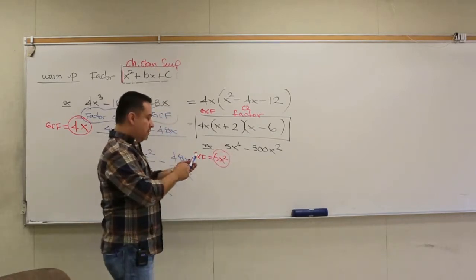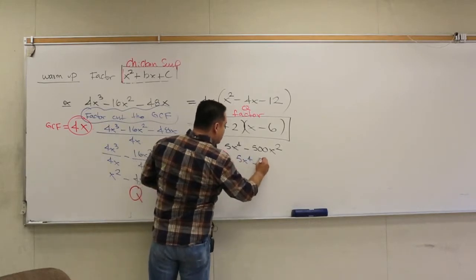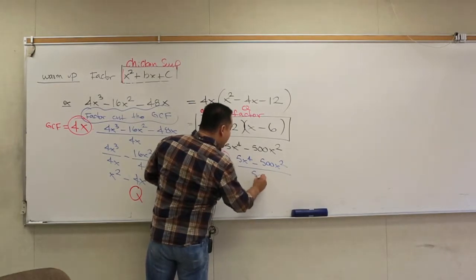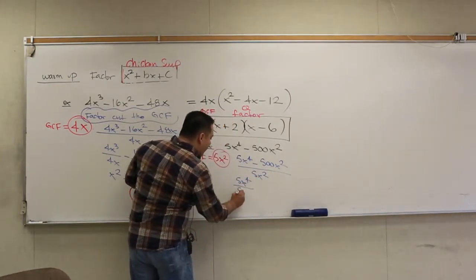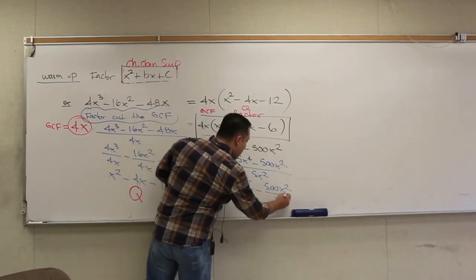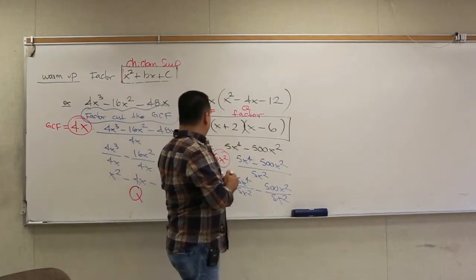How do you get your quotient? Divide 5x to the fourth minus 500x squared by your 5x squared. That's 5x to the fourth over 5x squared minus 500x squared over 5x squared. What's your quotient going to be?